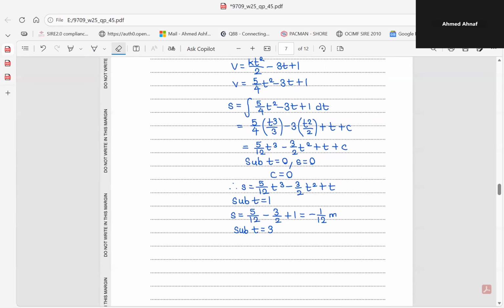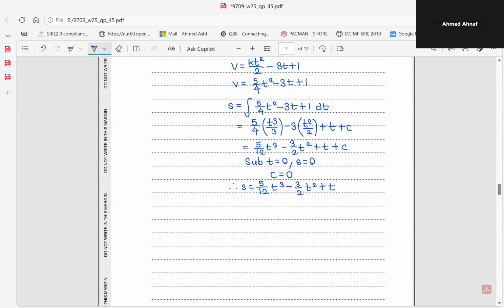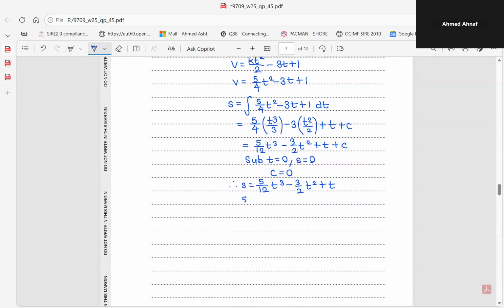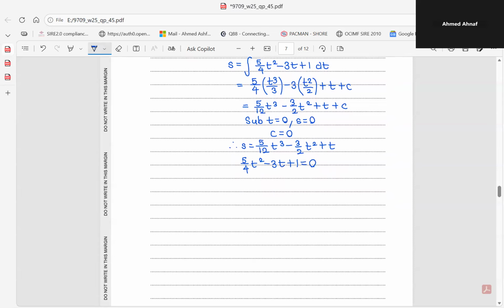Okay, you know what? Let's first just substitute v equals 0. Then we can know our inflection points. So let's substitute 5 over 4 t squared minus 3t plus 1 equals 0. Then you multiply by 4 on both sides, you get 5t squared minus 12t plus 4 equals 0.